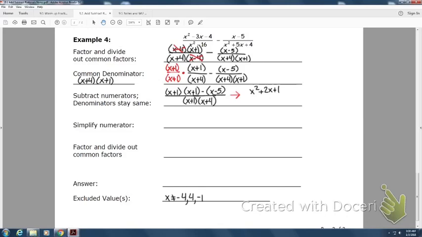And then up here in green, this is the most common mistake I see. People do not distribute that negative to both those terms, which would give you minus x plus 5.